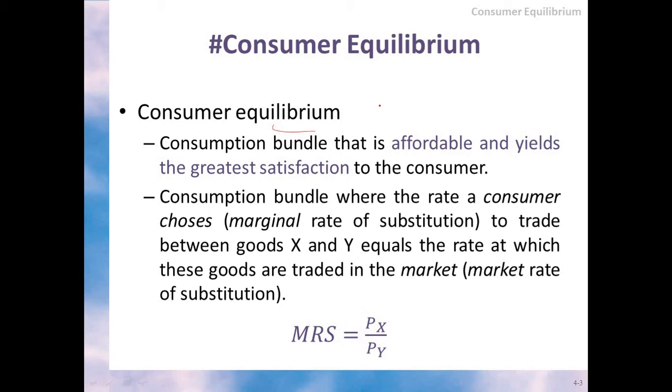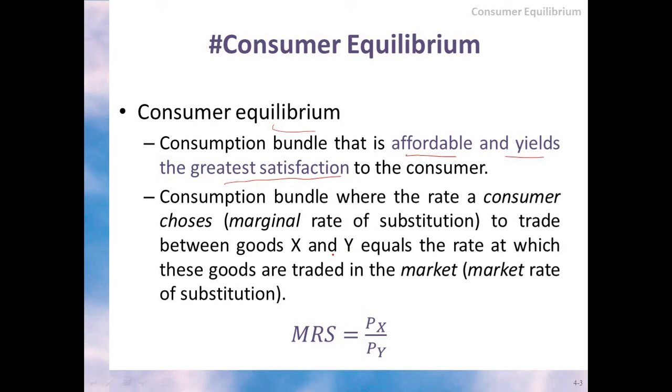Consumer equilibrium is when we combine the indifference curve and budget line together, so it becomes a point that shows the consumption bundle that is affordable and yields the greatest satisfaction to the consumer. Affordability refers to the budget line, and satisfaction is shown by the indifference curve.